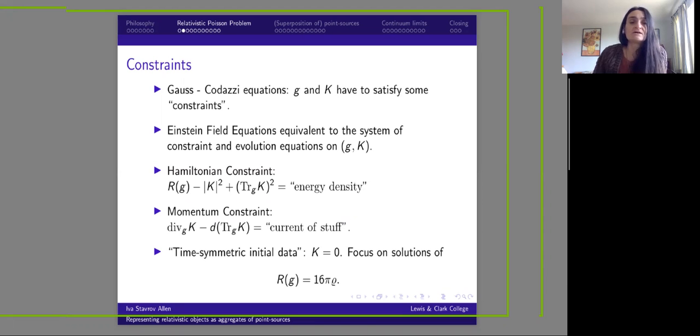That is then referred to as time symmetric initial data. It consists only of the metric g, and its scalar curvature is thus related to the so-called energy density. This is the equation at the bottom of the slide, and it says that the scalar curvature is equal to a certain multiple of energy density. You can think of this as a prescribed scalar curvature problem. And at that stage, this whole story connects to geometric analysis.